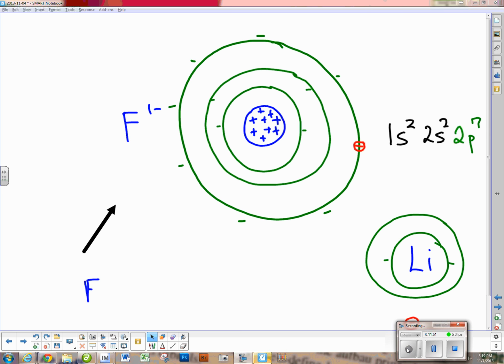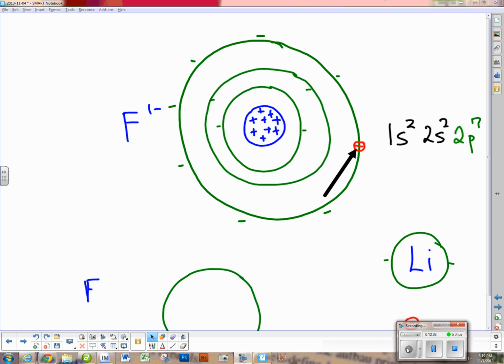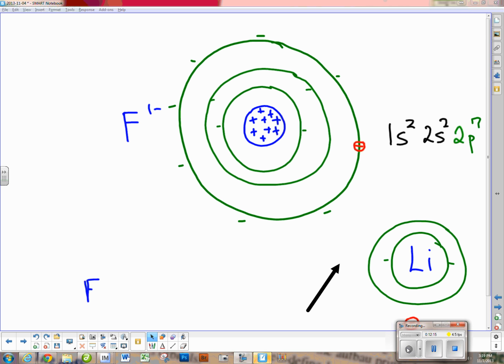Another thing that happens when lithium loses that electron is that its outer shell goes away, because the only valence electron that lithium had was this guy. So lithium's second principal energy level is no longer there.